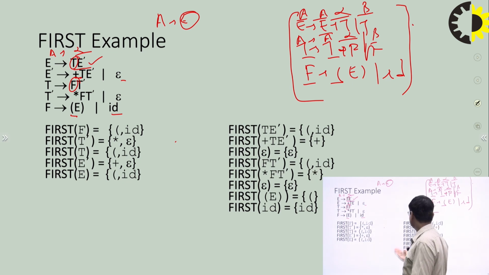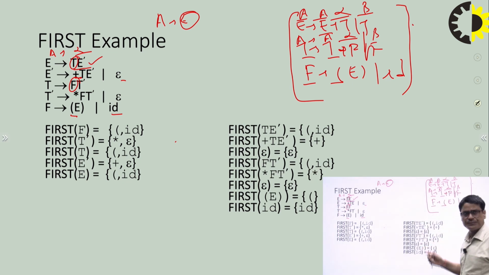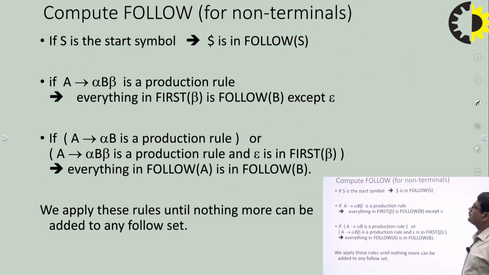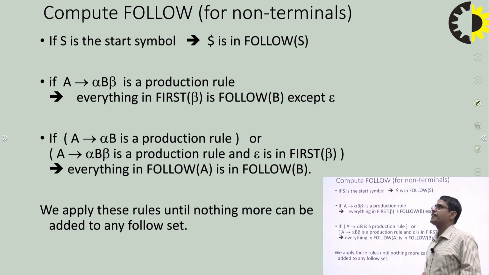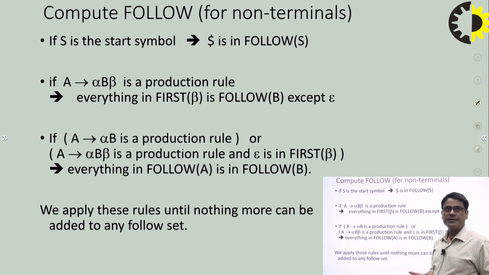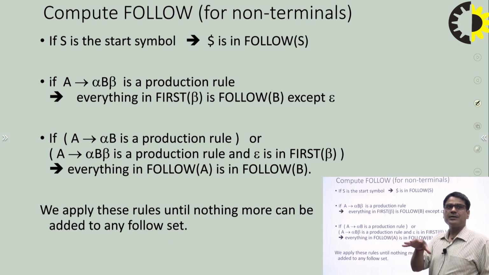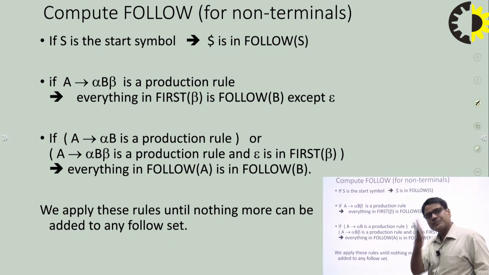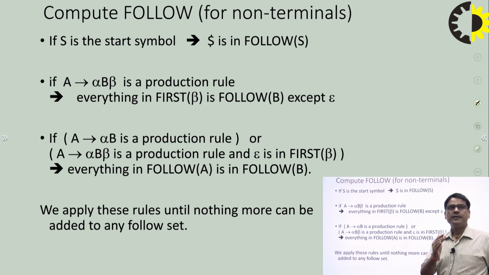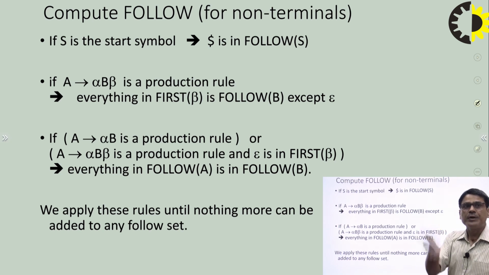Now we are going to derive the follow. Okay. So when we compute follow for any non-terminal, the first most important thing is that you know dollar is used in the grammar. Why? Because when you are going to traverse any string, definitely by using a stack, you have to have some particular situation where you can say that you have processed all the things and you have reached the concluding portion.